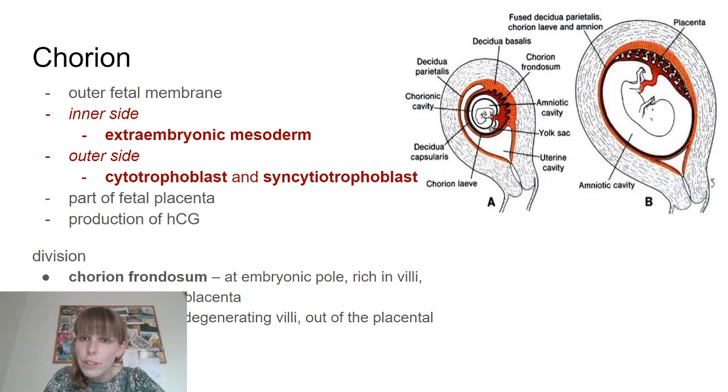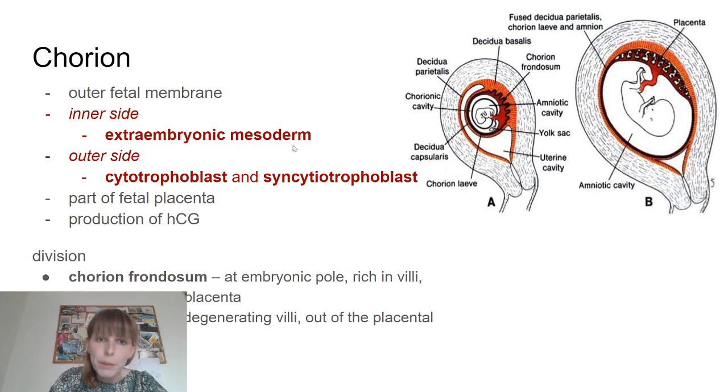The orange is the maternal part, the decidua, and now the biggest part here, which will be forming the future placenta and is also surrounding the embryo, is the chorion. And the chorion has two sides, so it has two parts. On the inner side, it will have a tissue that's called extra-embryonic mesoderm.